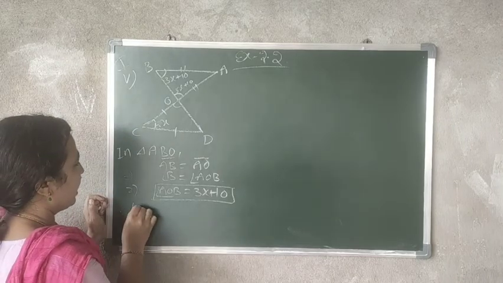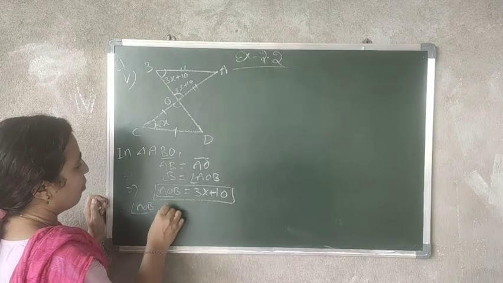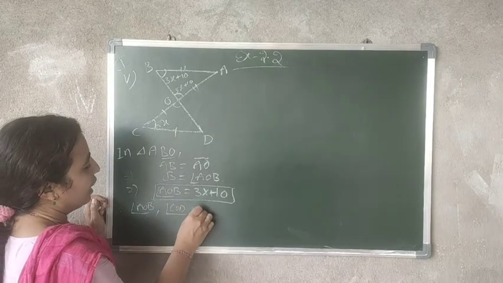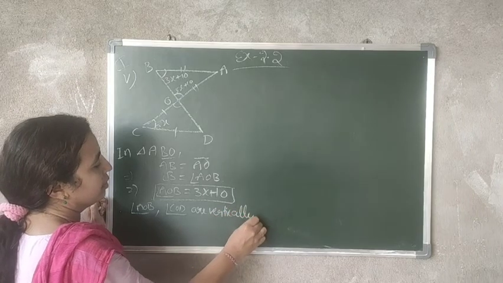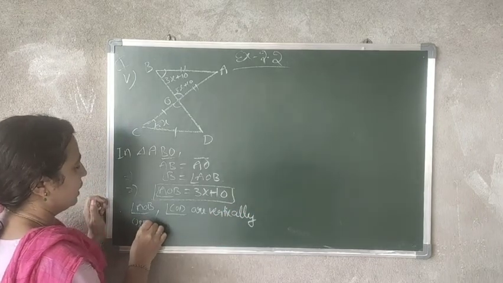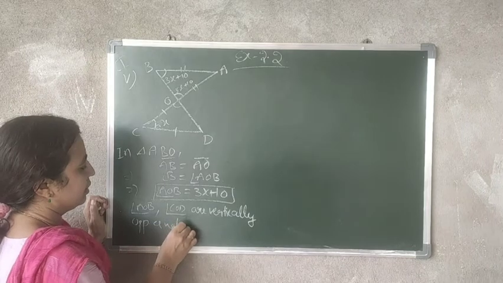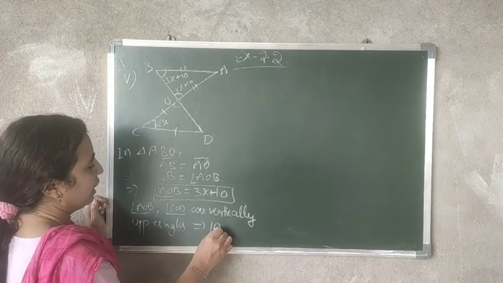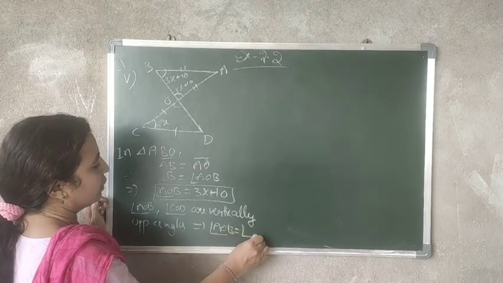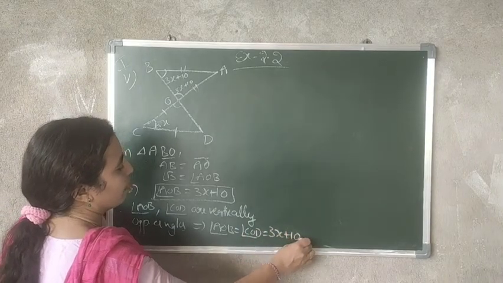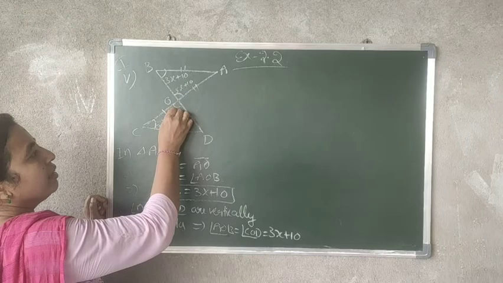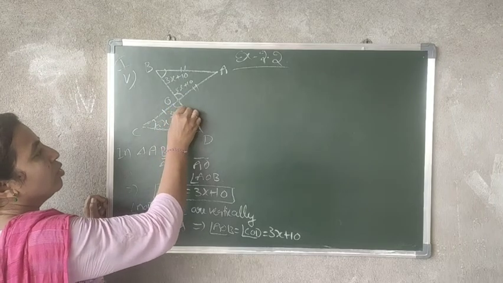Since angle AOB and angle COD are vertically opposite angles, that implies angle AOB is equal to angle COD, that is equal to 3x plus 10. That means if this is 3x plus 10, this is also 3x plus 10.